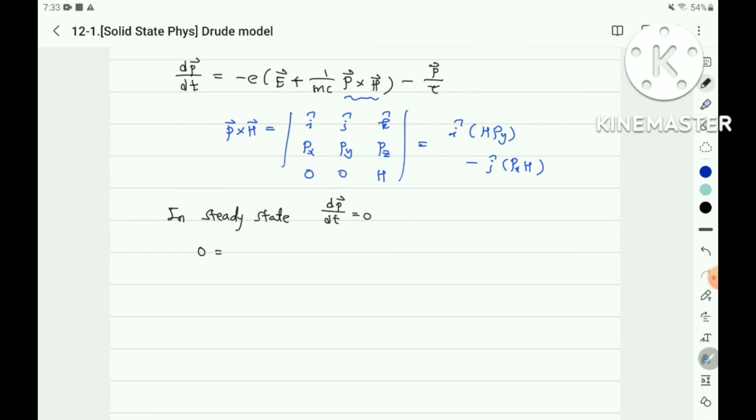Minus Ex, and minus, let's call this one eH over mc, we define eH over mc as the cyclotron frequency, because it is related with oscillation.